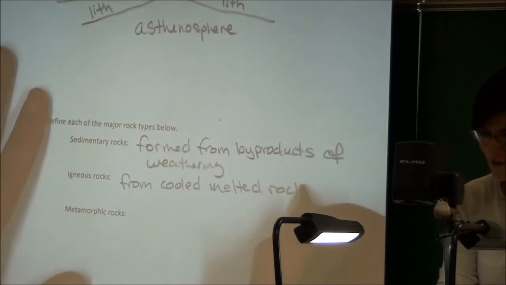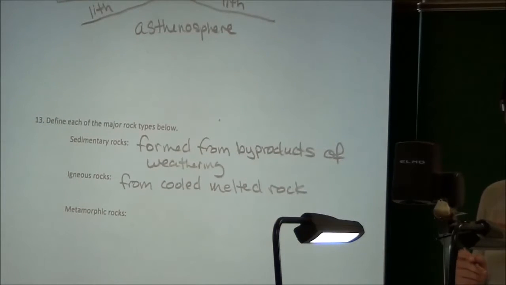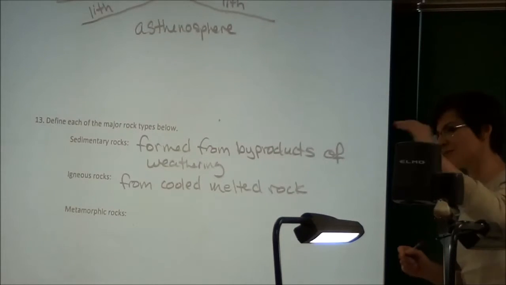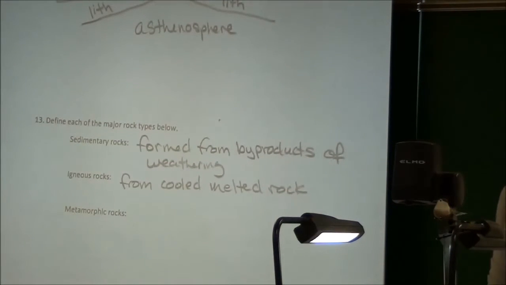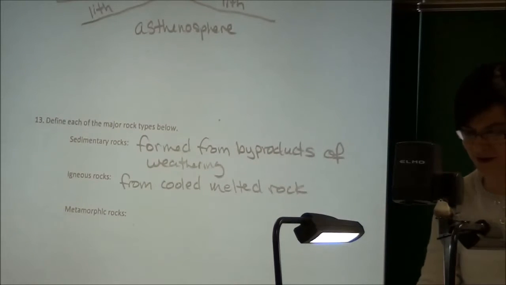And what are the two names for melted rock? Lava and magma. Excellent. Which one's at the surface? Lava. Which one's at depth? Magma. Excellent. And then metamorphic rocks? Heat and pressure.